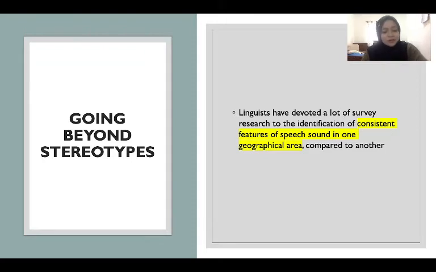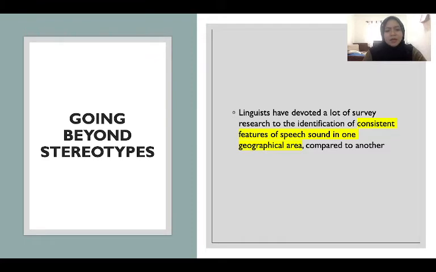So there are a lot of stereotypes when it comes to using dialects. Okay, people would say people who use dialects have lower status, a lower level of education. Maybe they only finished primary school or secondary school. Sometimes they don't even go to secondary school. So these are the types of stereotypes.